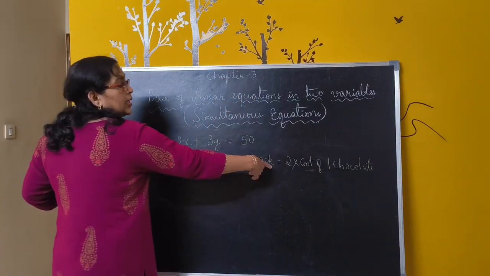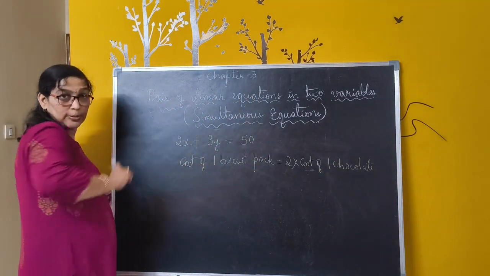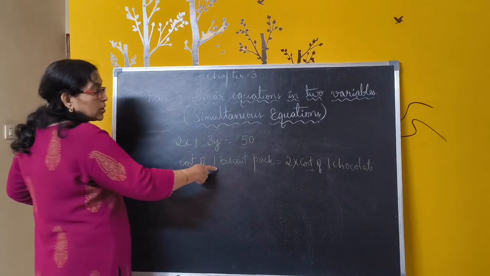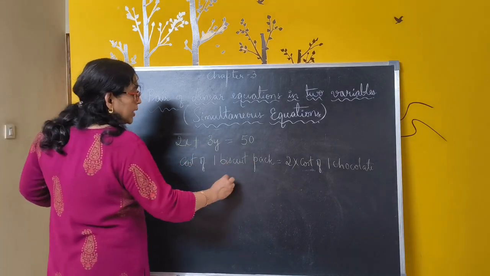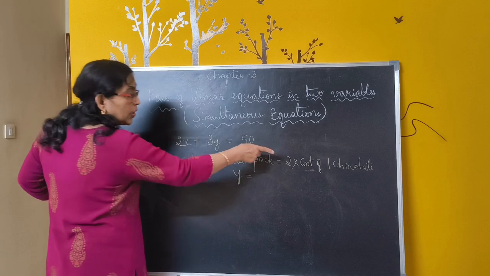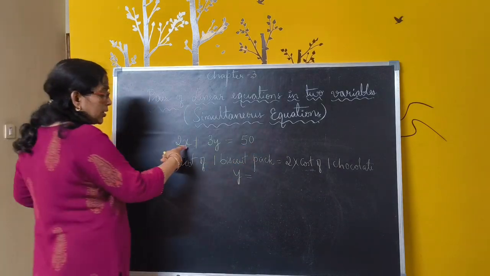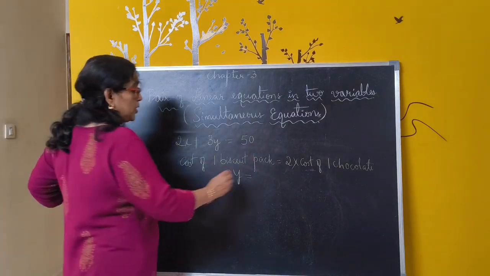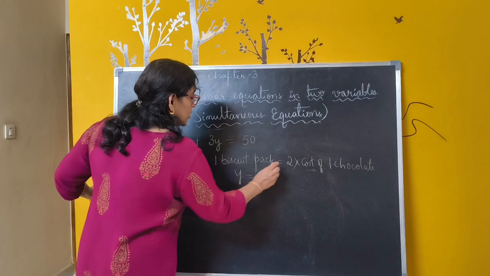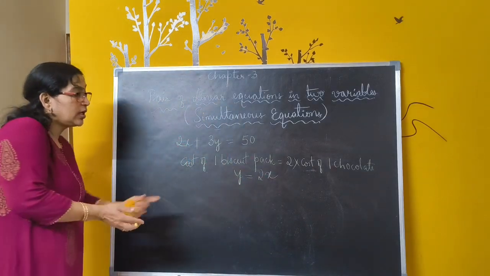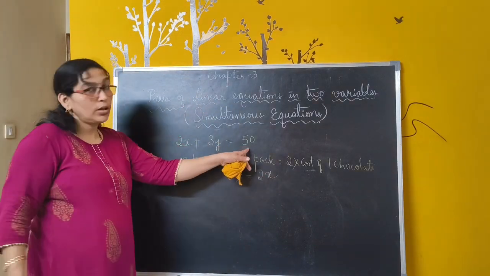So using this condition, we need to solve this. The cost of one biscuit packet we have taken as y. So y is equal to 2 times the cost of one chocolate, which is x rupees. So y is equal to 2x. This is the condition.